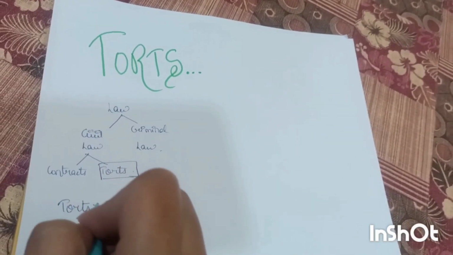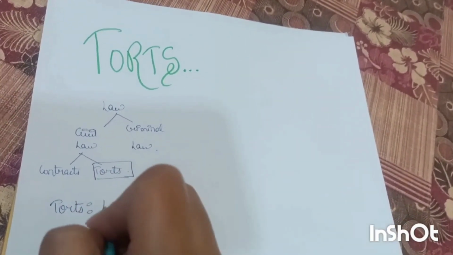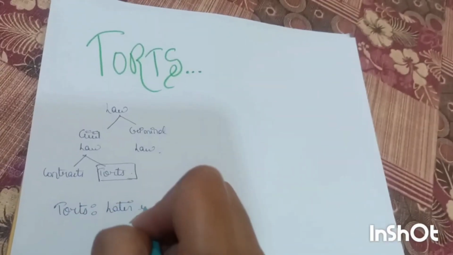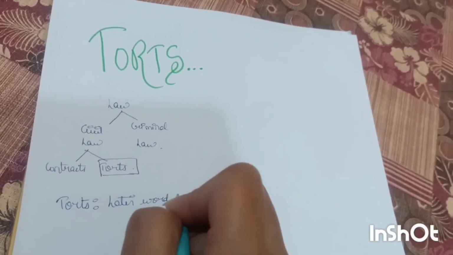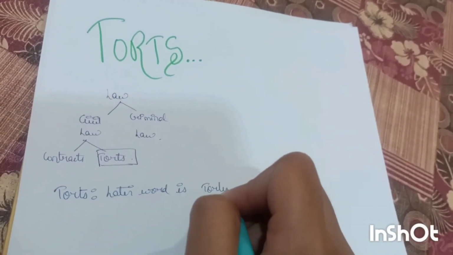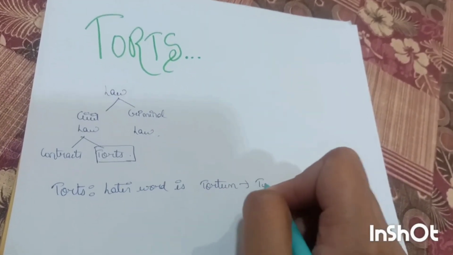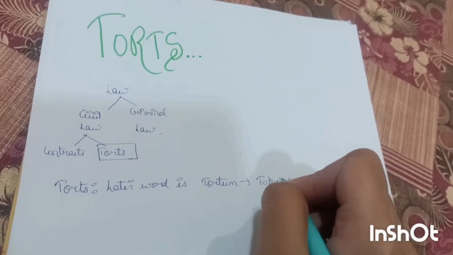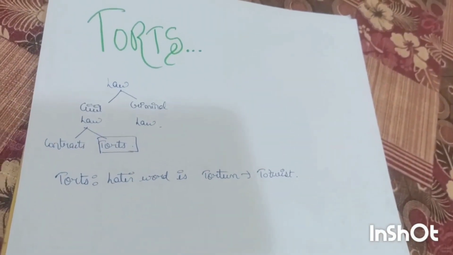Let's see the definition of torts. In Latin the word is tortum, which means to twist. Now let's see the actual definition for torts.